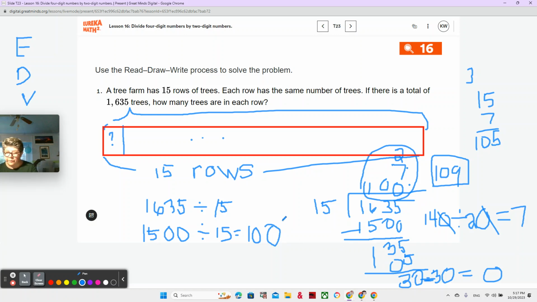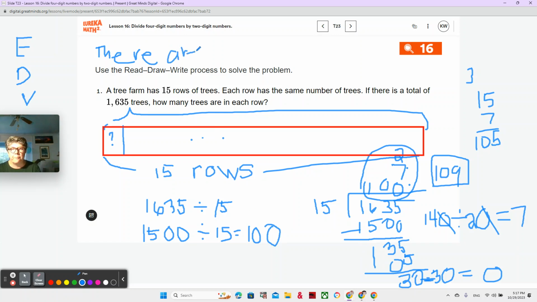And remember my original question, how many trees are in each row? So now I need to write, there are, and this is lesson 16. You have this number 1 in your book. So please make sure that you're copying it down. If you didn't do it yet, pause me and do it.